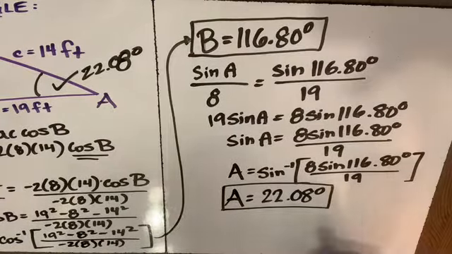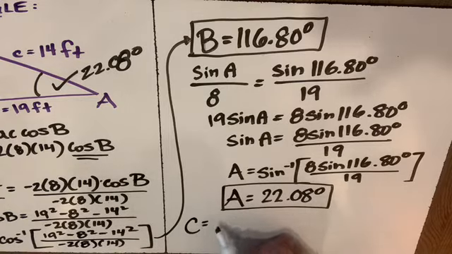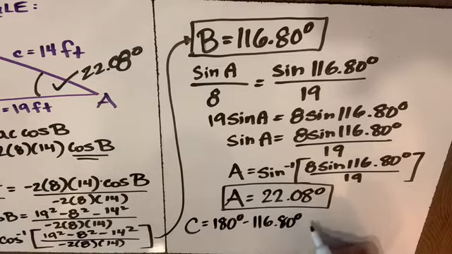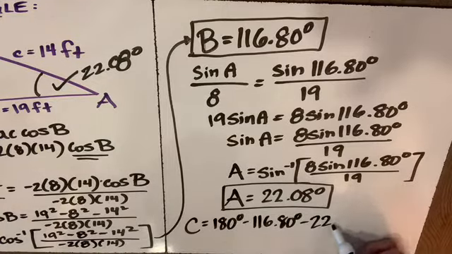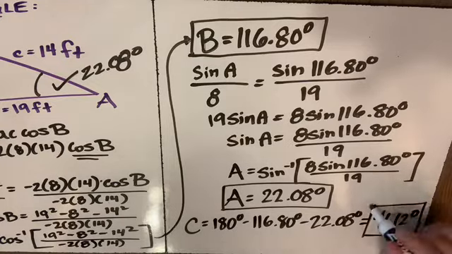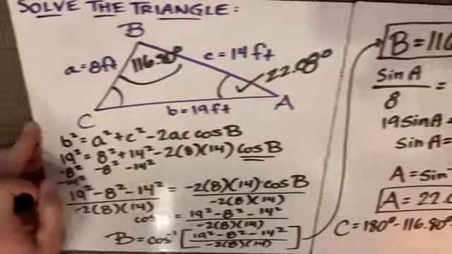So at this point, we can say angle C must be 180 degrees minus angle B, which is 116.80, minus angle A, which was 22.08 degrees. And so let's make it easy on ourselves and find that angle C is about 41.12 degrees.